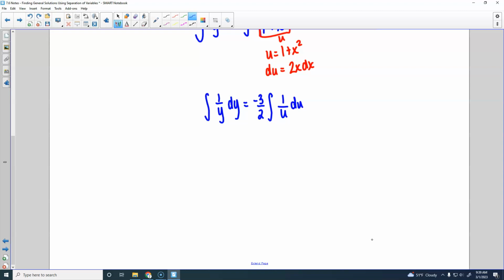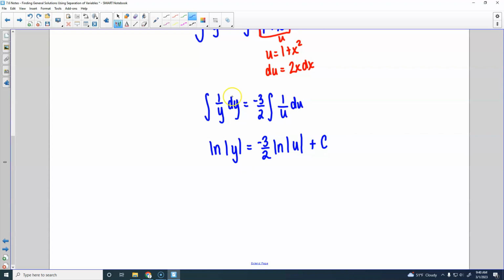Alright, so we are ready to integrate both sides now. So on the left-hand side, I'm going to get natural log of the absolute value of y. On the right-hand side, I'm going to get negative 3/2 natural log of the absolute value of u. And then I'm going to put that plus c on the end, that covers both of my integrals there.